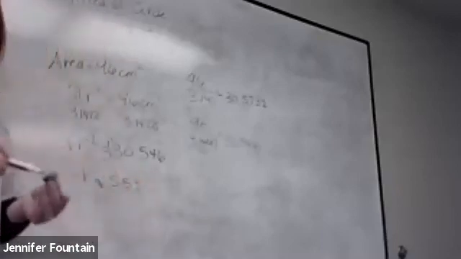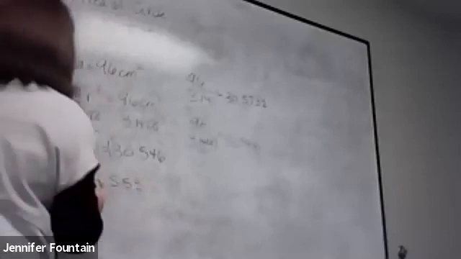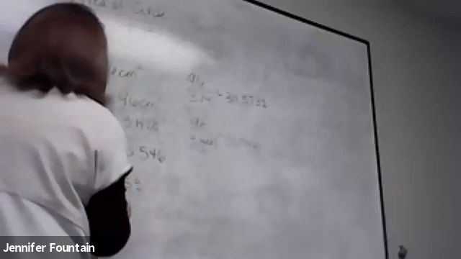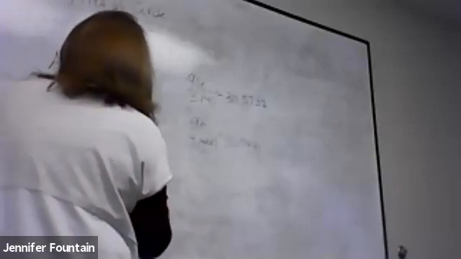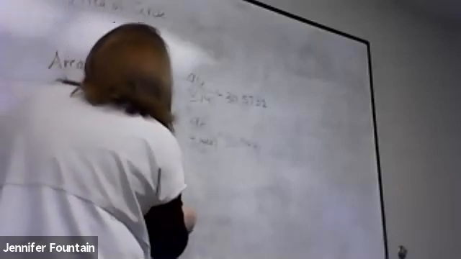So I know that's the radius of my circle. If that's the radius, then what is the diameter? Remember, my question asked for the diameter. So I would multiply 2 times 5.53, and so my diameter is 11.06 centimeters.